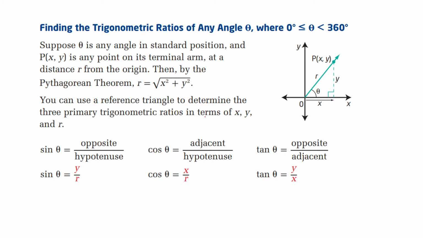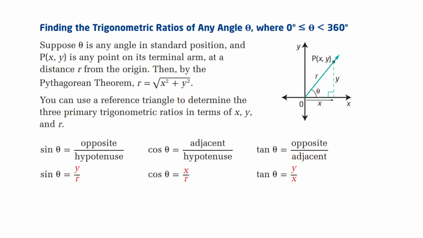Okay, these are the prerequisites. So let's come to finding the trig ratio of any angle in a standard position. So here comes the definition. Suppose theta is any angle in standard position, and a point xy is any point on its terminal arm. So the distance r here is equal to the square root of x squared plus y squared.